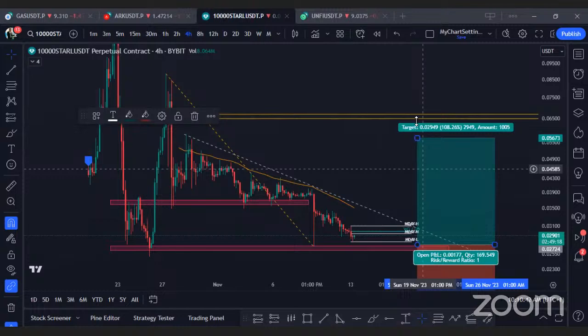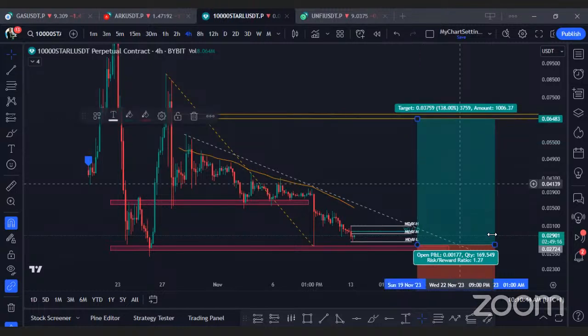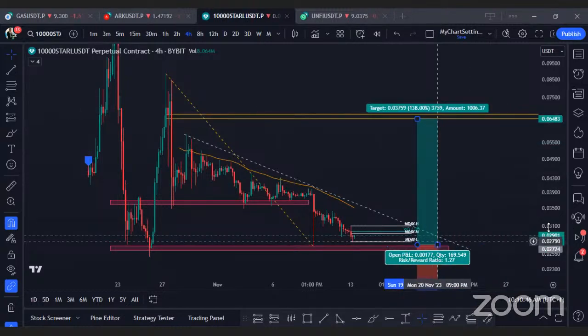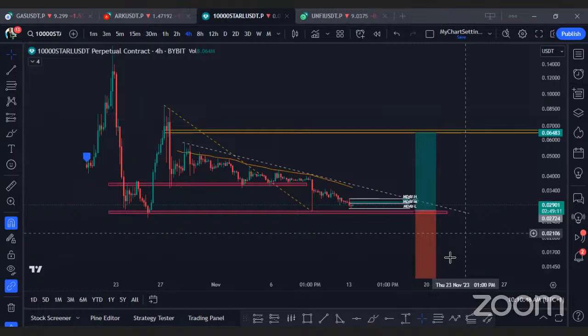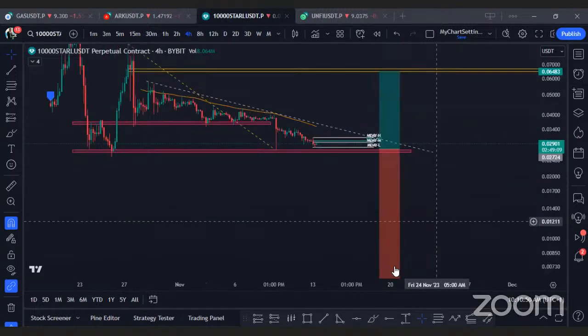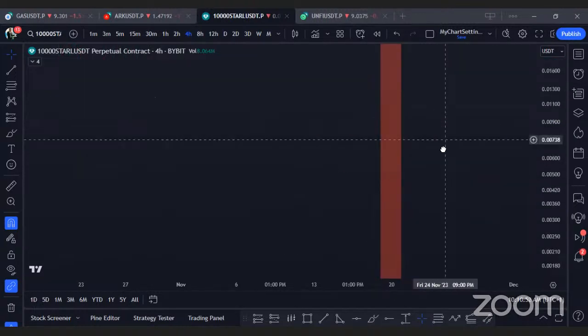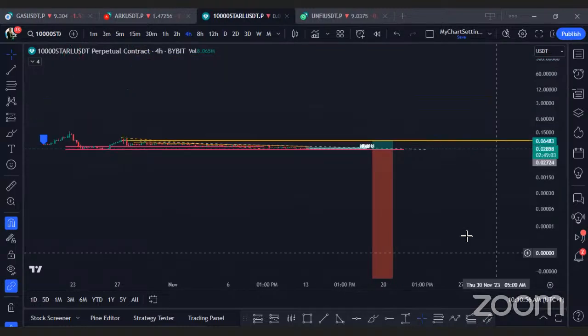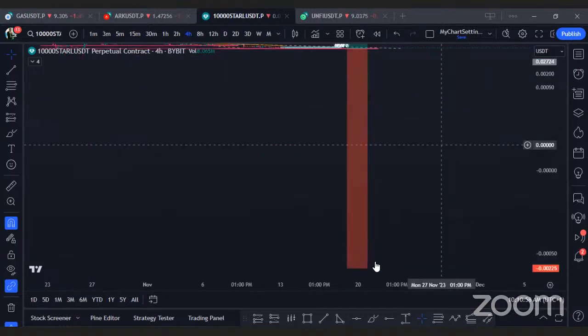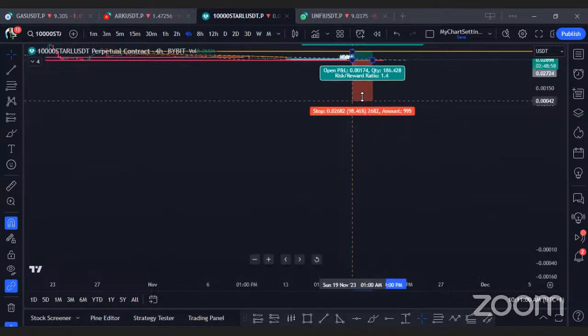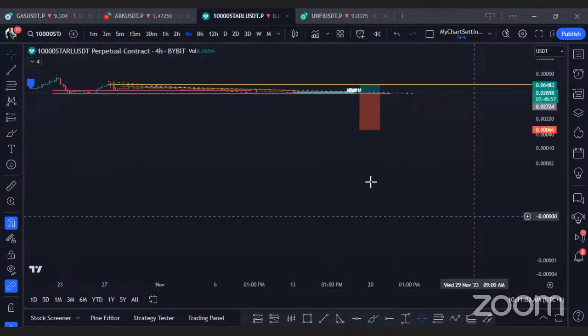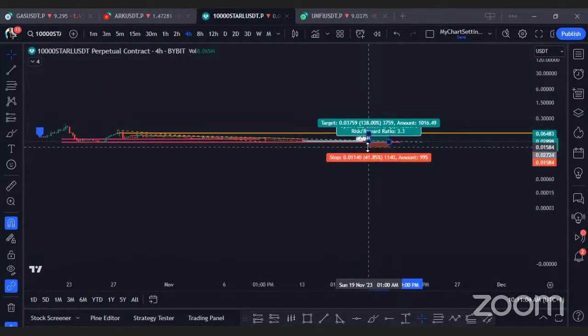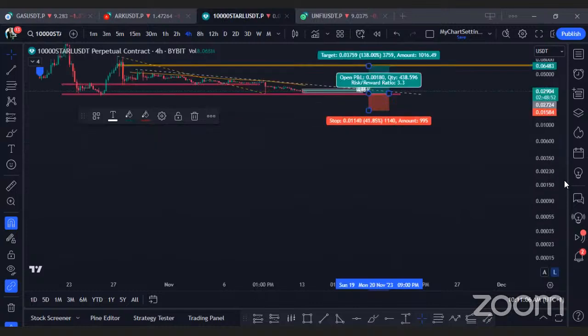If I have the opportunity to get it there, that would be massive. If you have the opportunity to get an entry down there, guys, where is the stop loss going to? This kind of stop loss with this one.